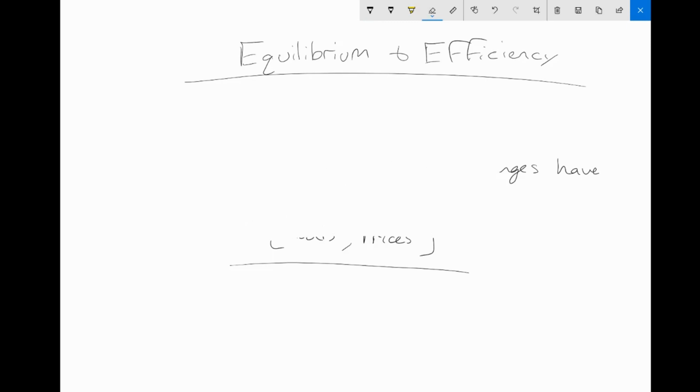Now, what we're going to talk about is, when is an equilibrium efficient? What would characterize an efficient equilibrium? Or what makes economic exchanges between rational agents efficient? Well, for us to know this, we have to have some notion of efficiency.